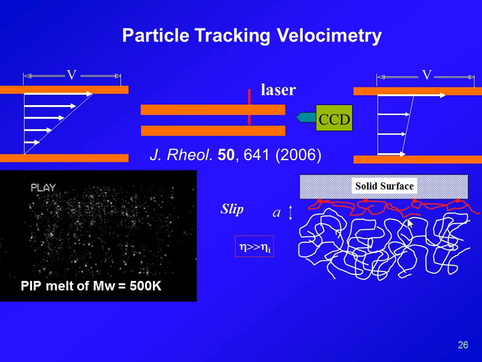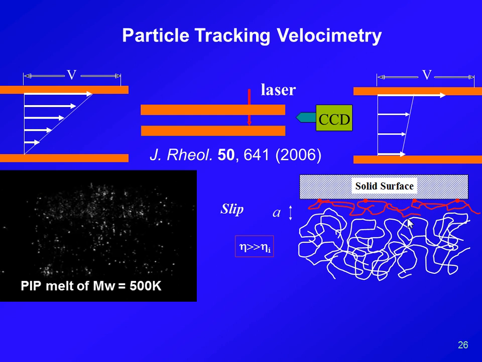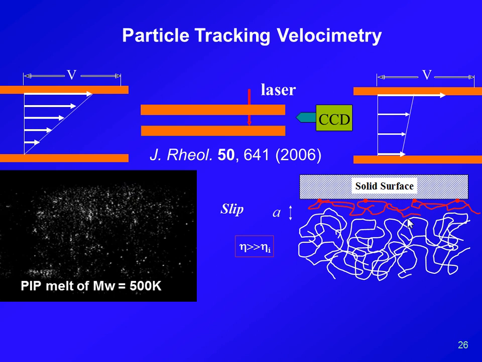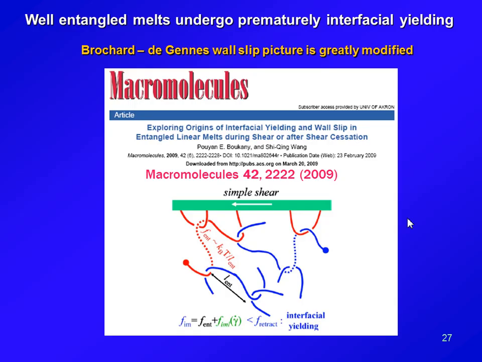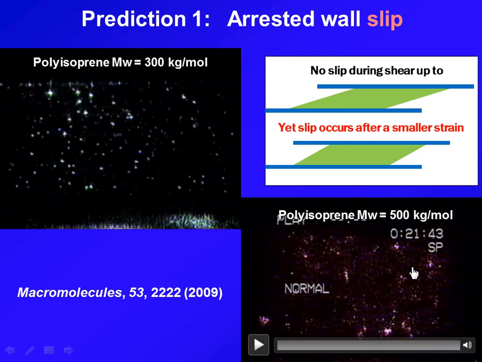So we didn't address the question of how that comes about. And that is, of course, all in the picture that I just explained to you, the molecular picture. So now we really have a good understanding of wall slip. In particular, we have a prediction. This paper described this prediction and the relationship with other theories, such as de Gennes' theory, which only works for steady state. We have a prediction that's totally counterintuitive.